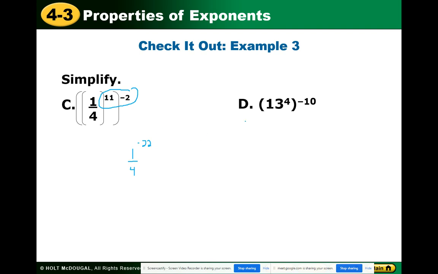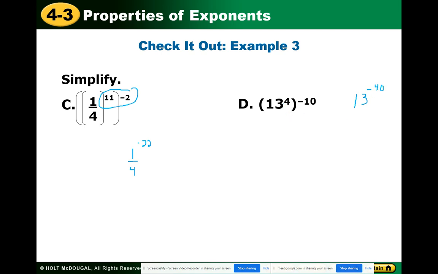And then what about this one, Tori? D. Okay, so what do I get as my answer then, madam? 13 to the negative 40th power.